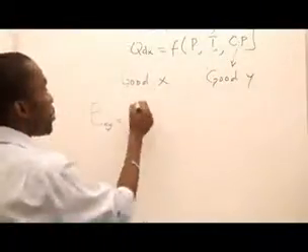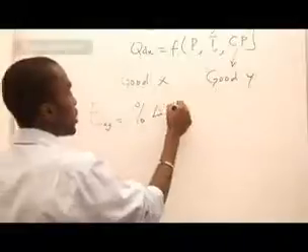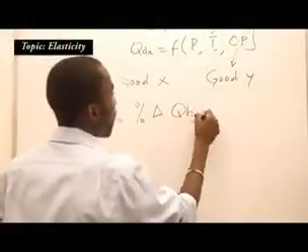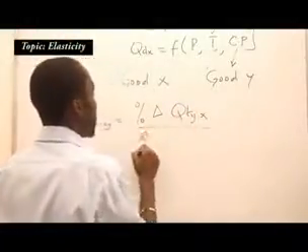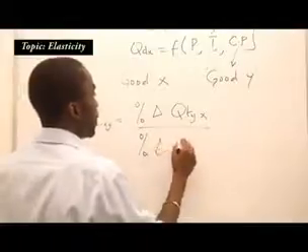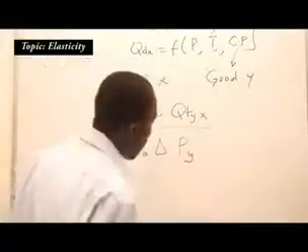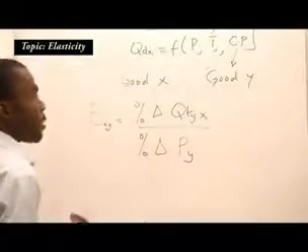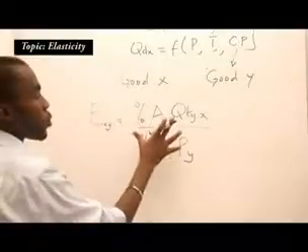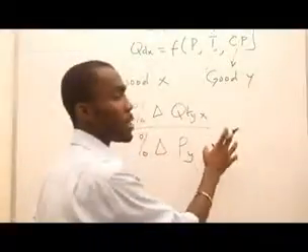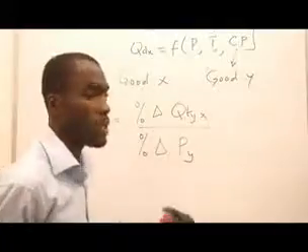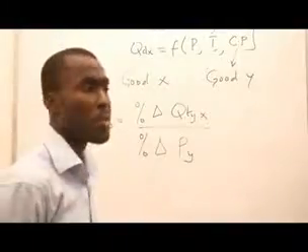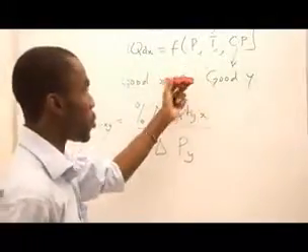So that then it will be a percentage change in the quantity of X divided by percentage change in the price of Y. Now here also the negative sign is very important in determining the relationship between the two goods.